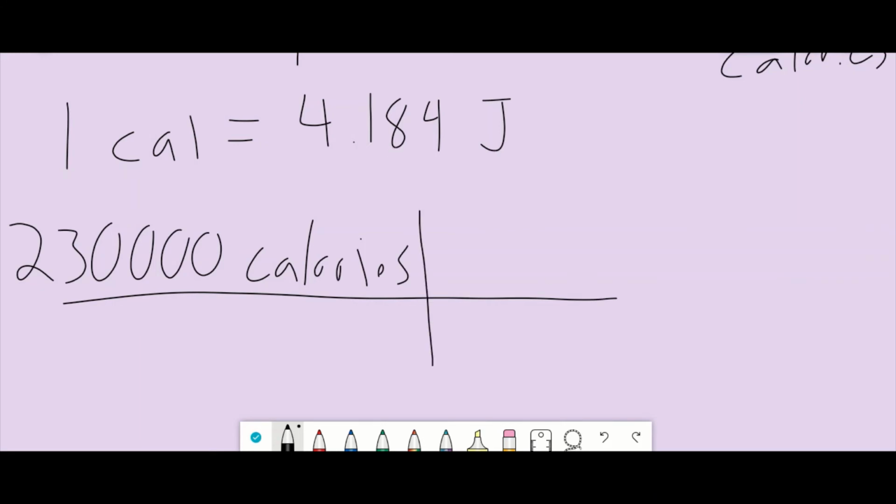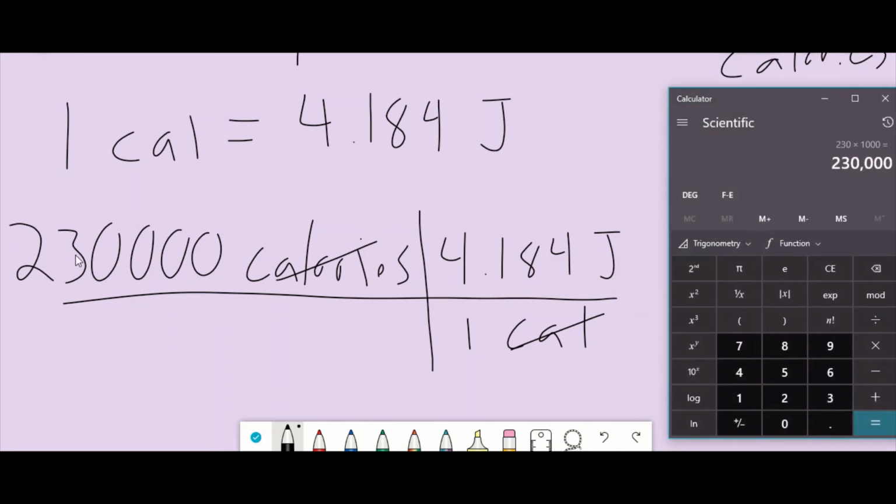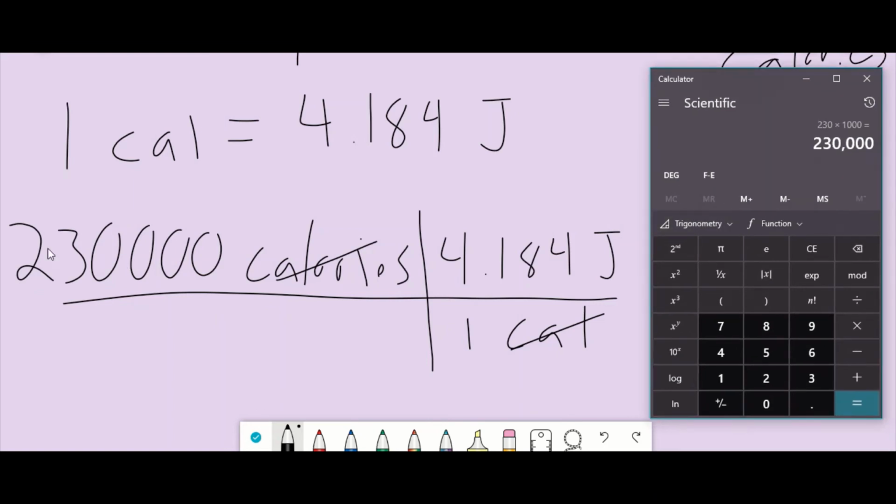So I'm going to make this little T chart. I want joules, so I'm going to put that conversion factor: 4.184 joules for every 1 calorie. The cal and cal cross out. It's just going to be 230,000 times 4.184 joules divided by 1.